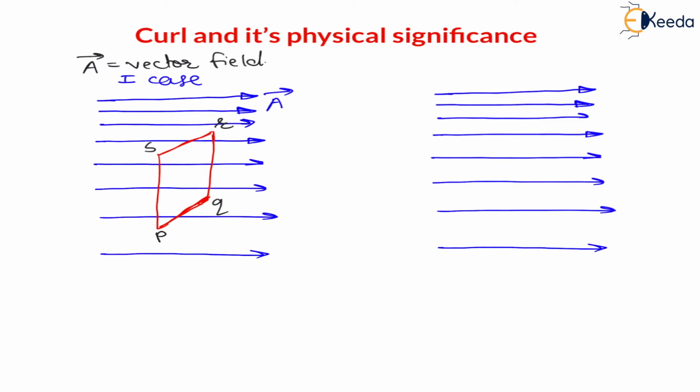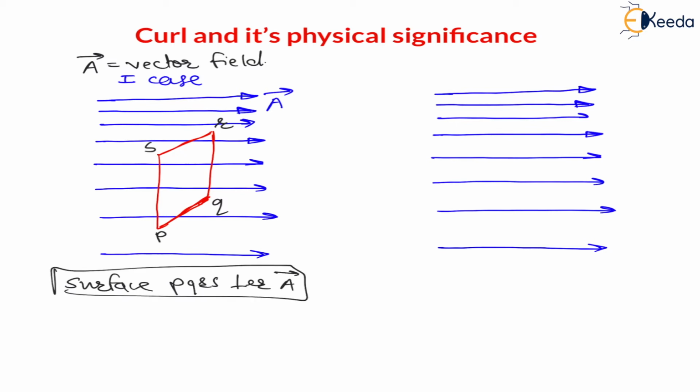These names we have given, and very important here is that this surface PQRS is perpendicular to vector A, means the coordinates of this surface are Z and Y, and the field is along the x-axis. I am trying to visualize this for you here on a 2D plane, but it is a 3D diagram on my 2D tab, right?